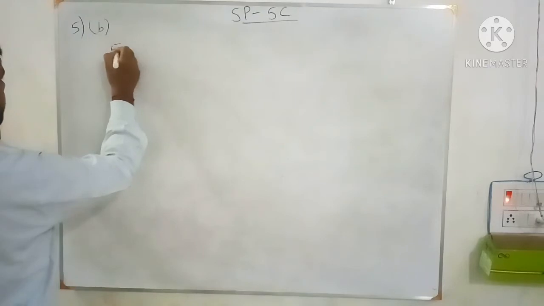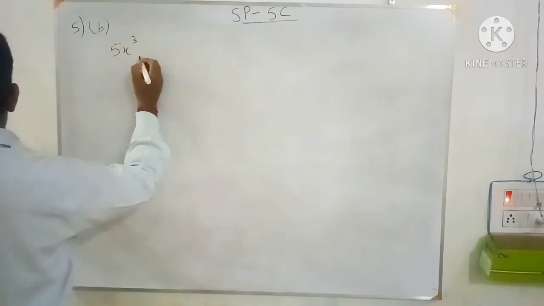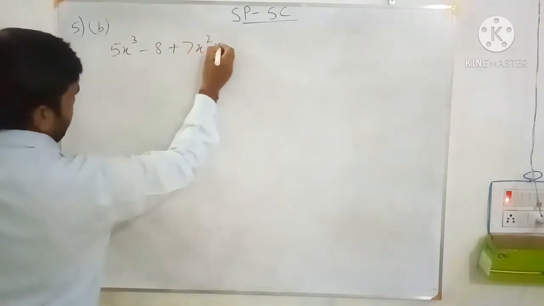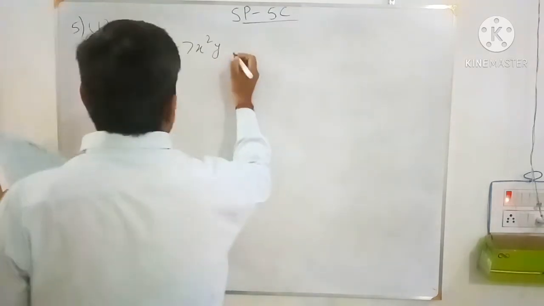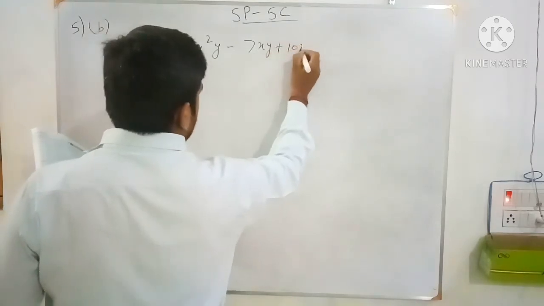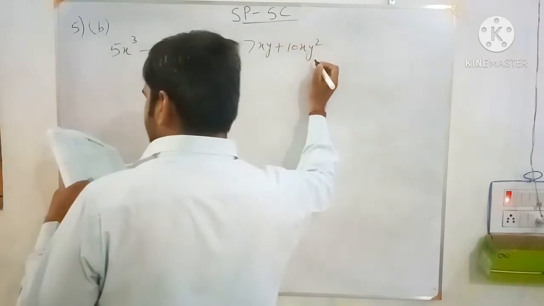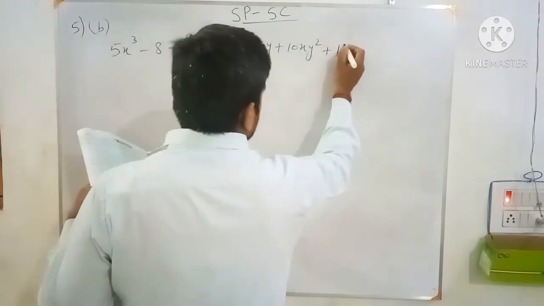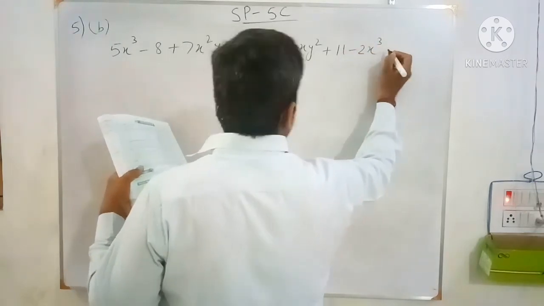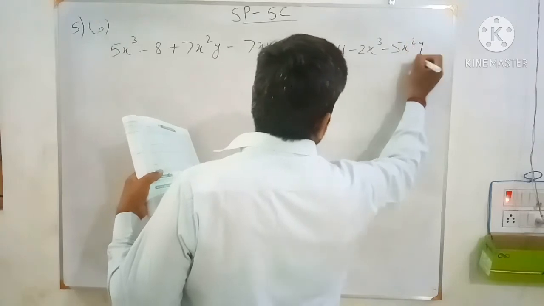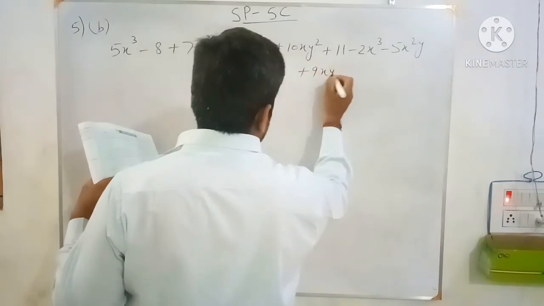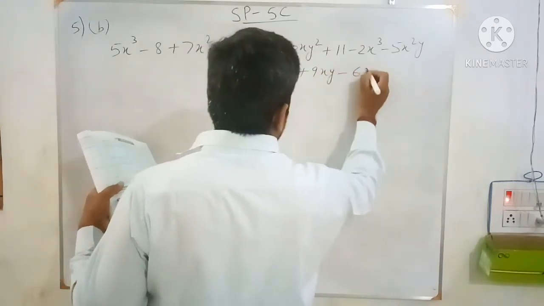5x cube minus 8 plus 7x square y minus 7xy plus 10xy square plus 11 minus 2x cube minus 5x square y plus 9xy minus 6xy square.